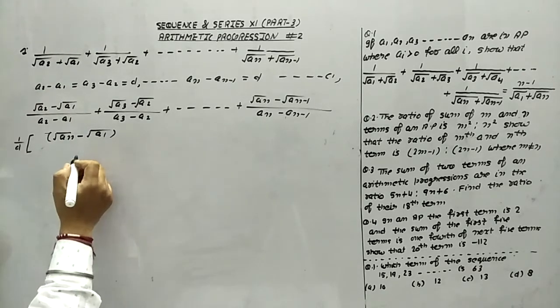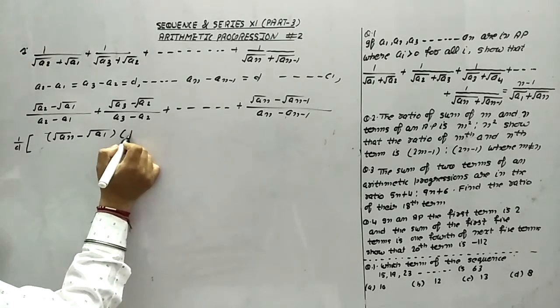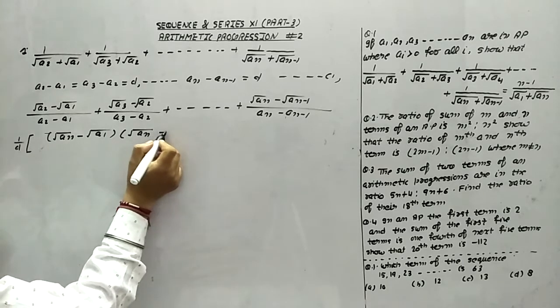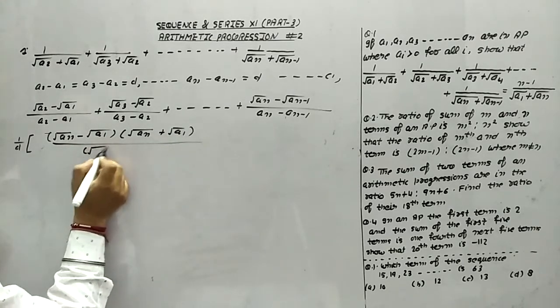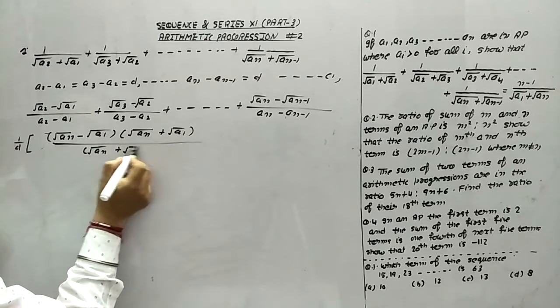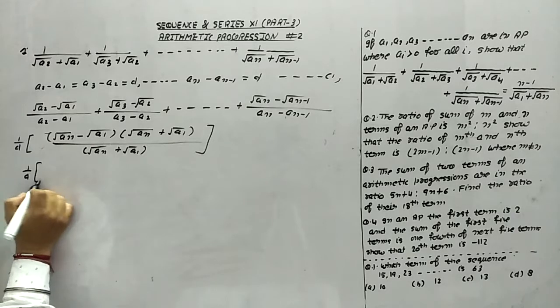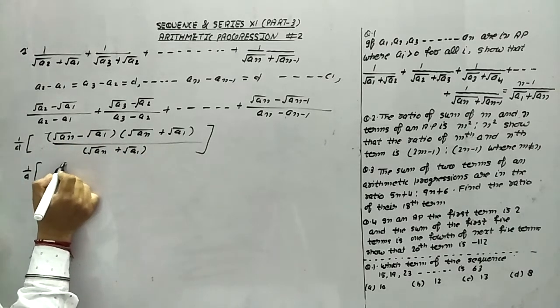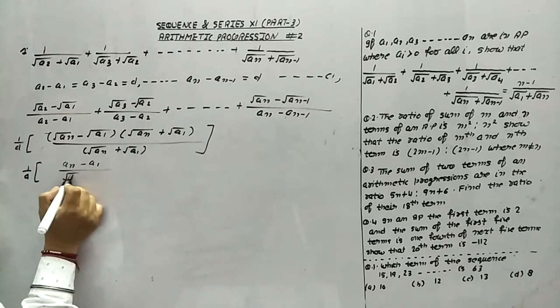Now look at this again, we will do the process of rationalization. So this becomes root AN plus root A1 upon root AN plus root A1.